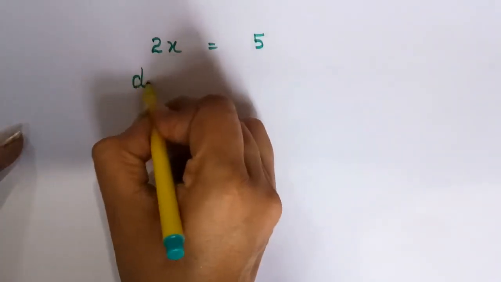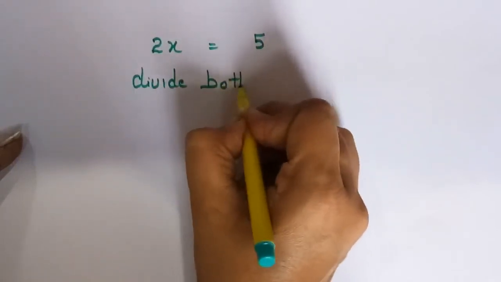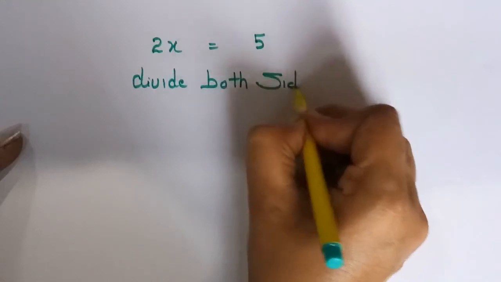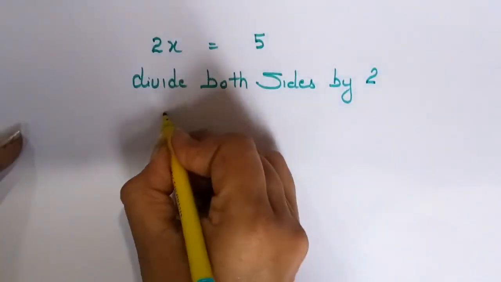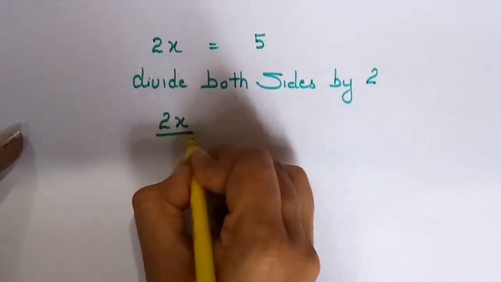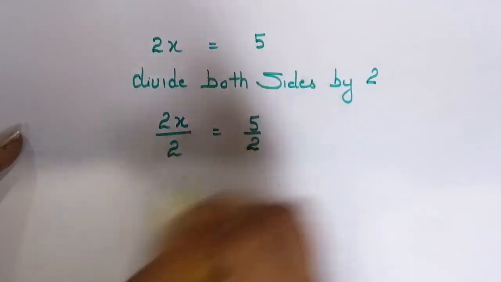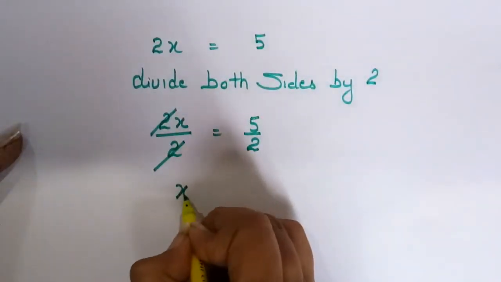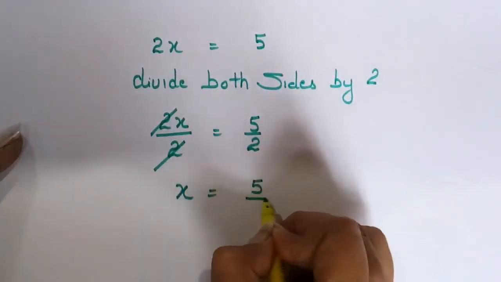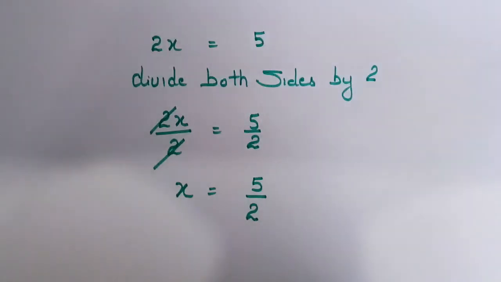Now divide both sides by 2. So 2x divided by 2 and 5 divided by 2. So 2 cancelled out by 2. That gives x is equal to 5 upon 2. In this way, you can find out the solutions of linear equation in one variable.